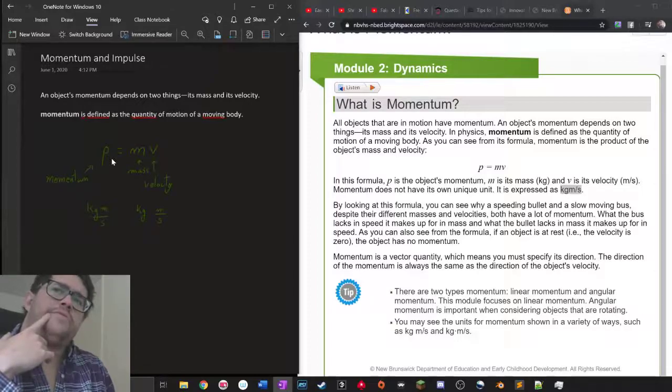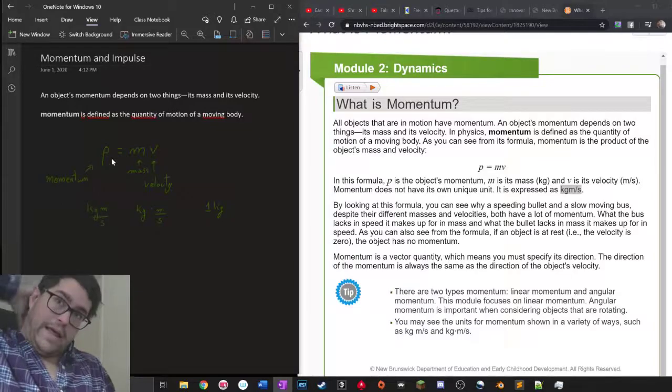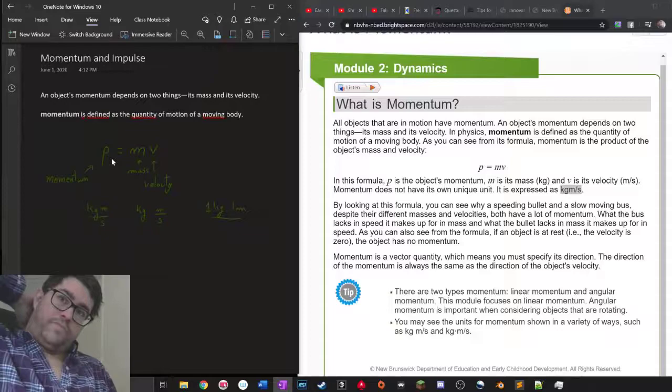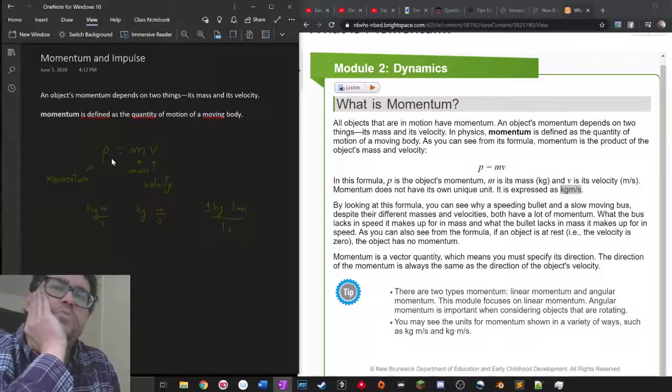Visually it's really hard. 1 kilogram and 1 meter, you divide that by 1 second. Visually it's kind of difficult, but mathematically we can express it.